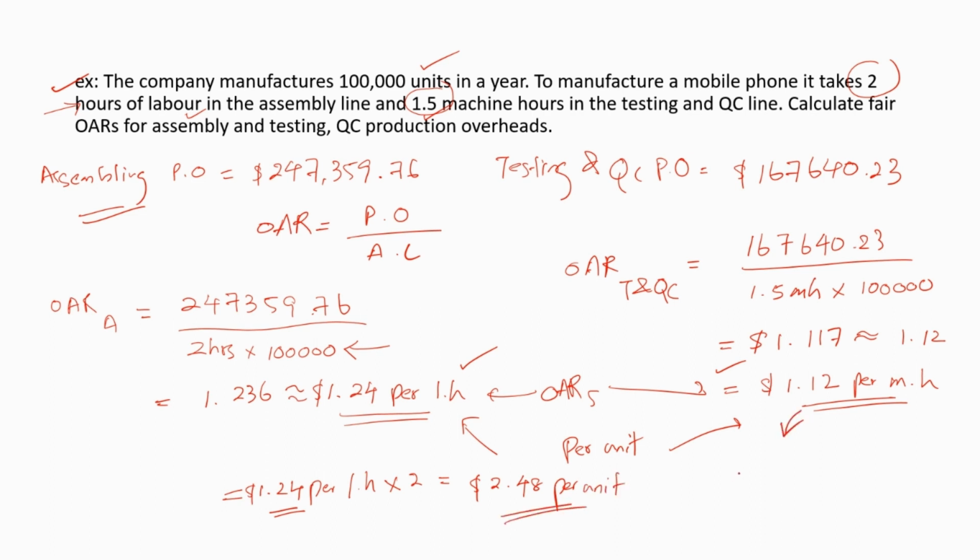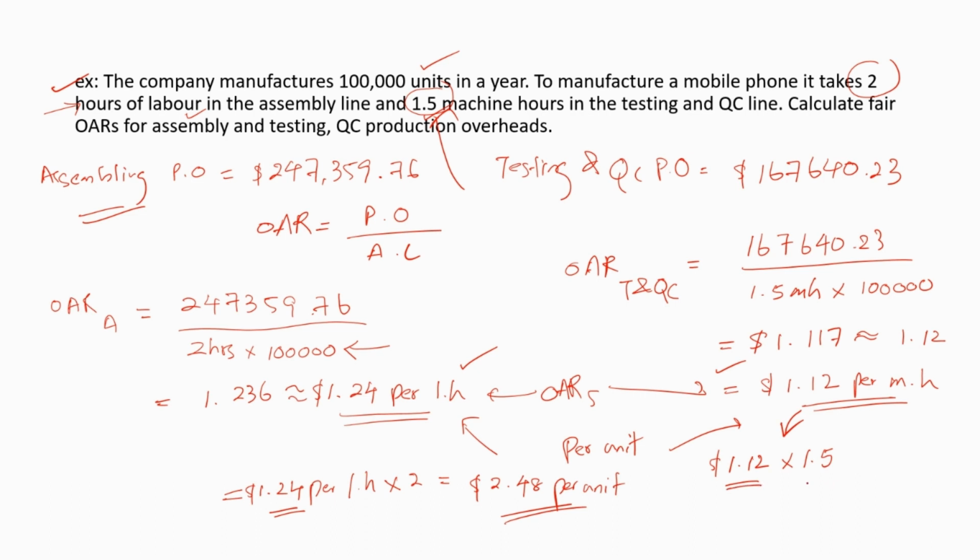Now let's convert this value to a per unit value. This is 1.12 per machine hour. How many machine hours will it take to test and quality control a single mobile phone? They are saying it will take 1.5 hours. So we can simply multiply this value by 1.5, because this is the value for one machine hour.